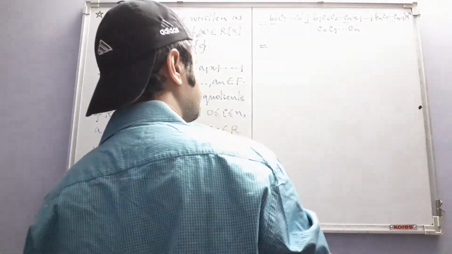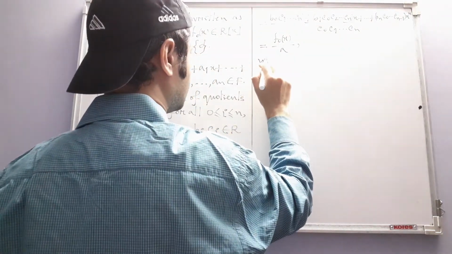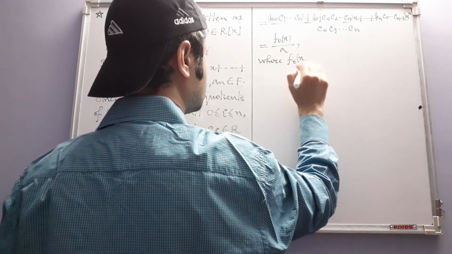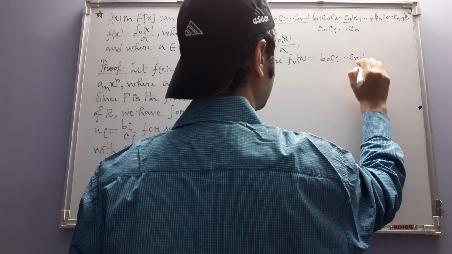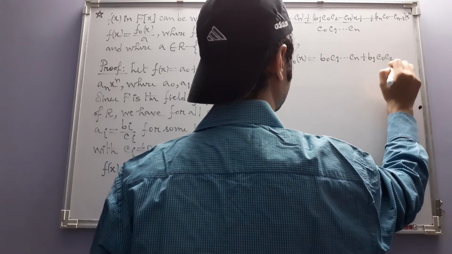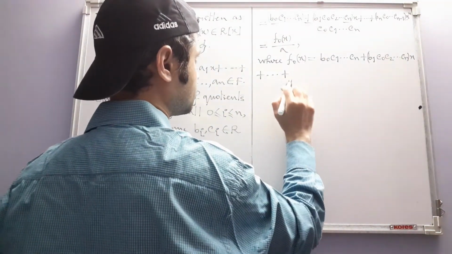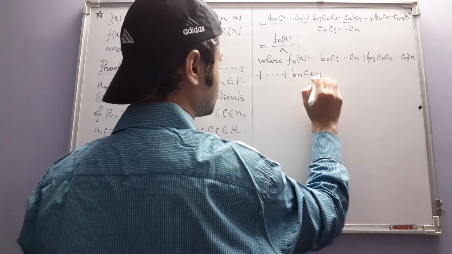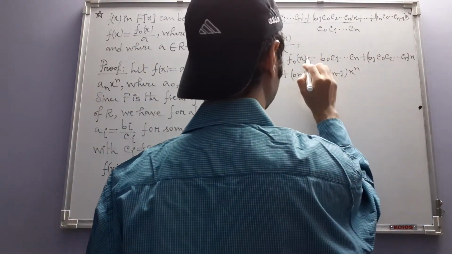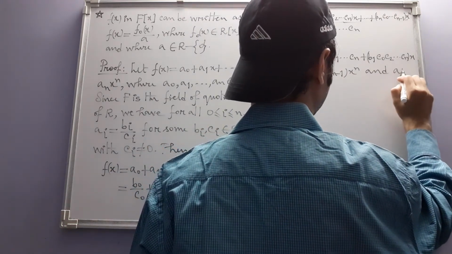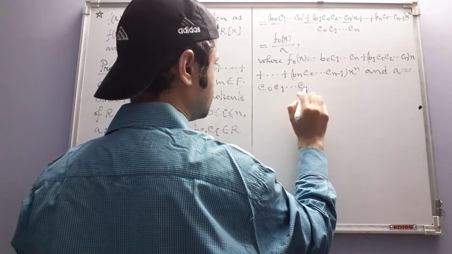Which is equal to this, where and a is equal to c0, c1, etc. to cn.